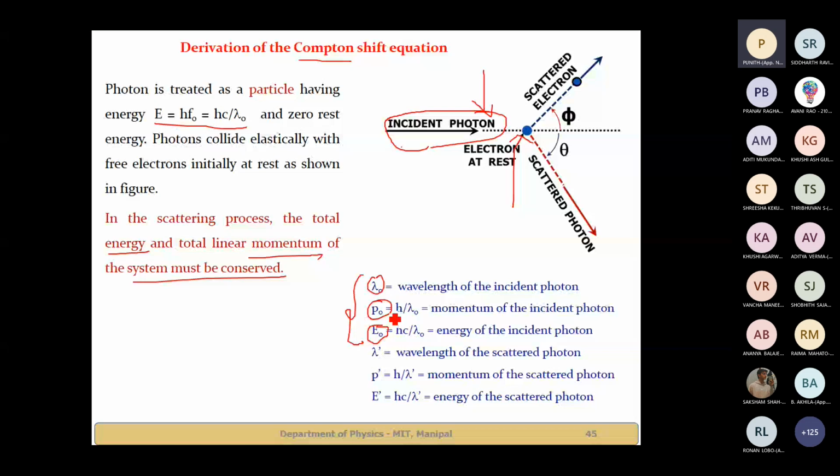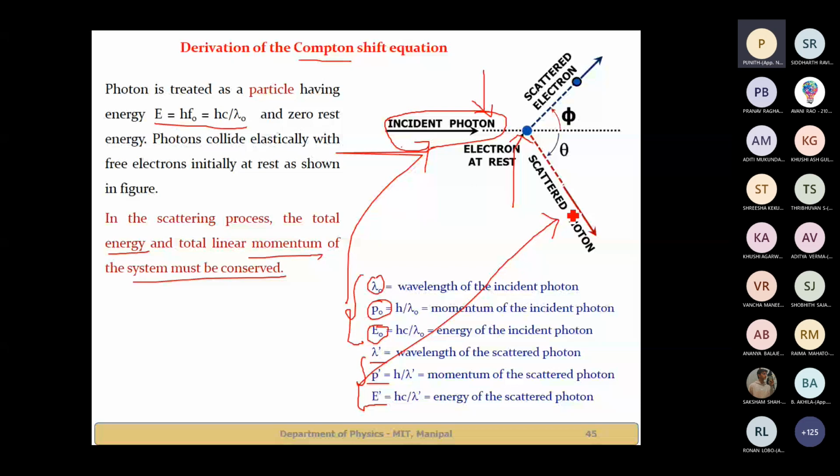After the collision between the photon and the electron, the photon undergoes a change in energy. In fact, it loses energy because it transfers some energy to the electron, which moves at a particular angle phi. The remaining energy appears in the scattered photon, which moves in another direction depending on the angle theta.